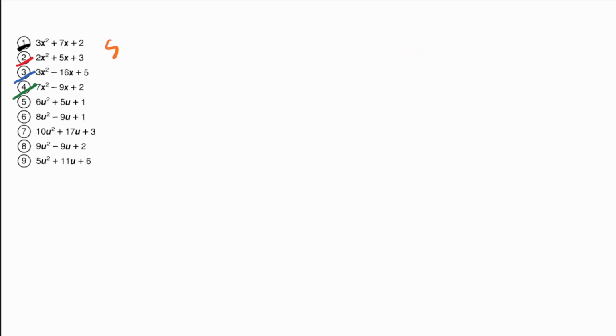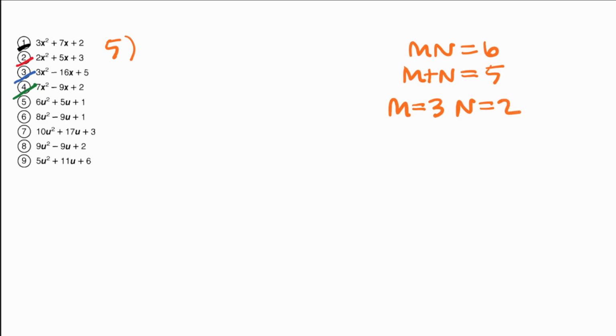Number 5, I'm looking for two numbers that multiply to 6 times 1 and add to 5. So that'll be 3 and 2. One is 3, the other one's 2, and it doesn't matter how you split up the 5u.